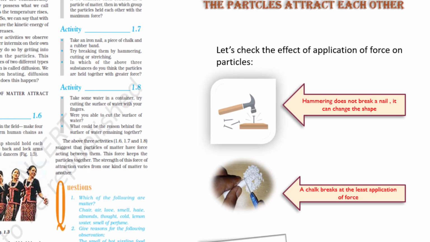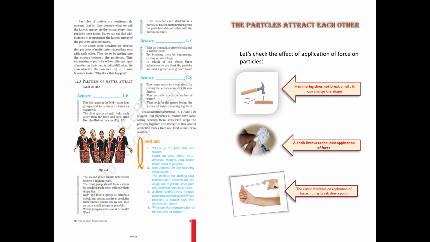In the next experiment, a very simple wedge, whether it's a blade or a cutter, can easily break the chalk into powder. When you apply force on a rubber band, it stretches, and you can stretch it to a large extent till a point comes when it breaks.